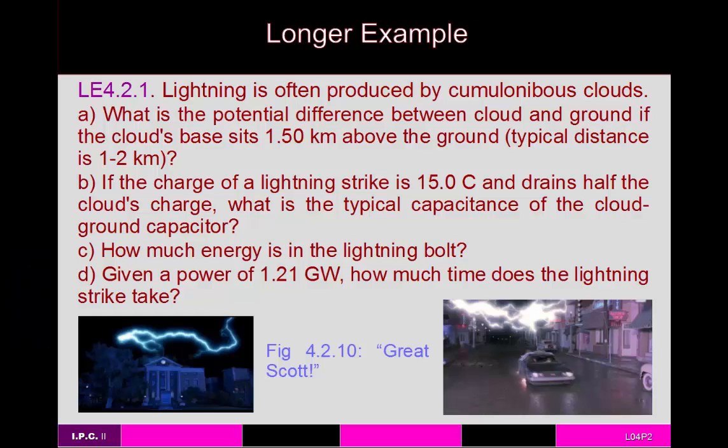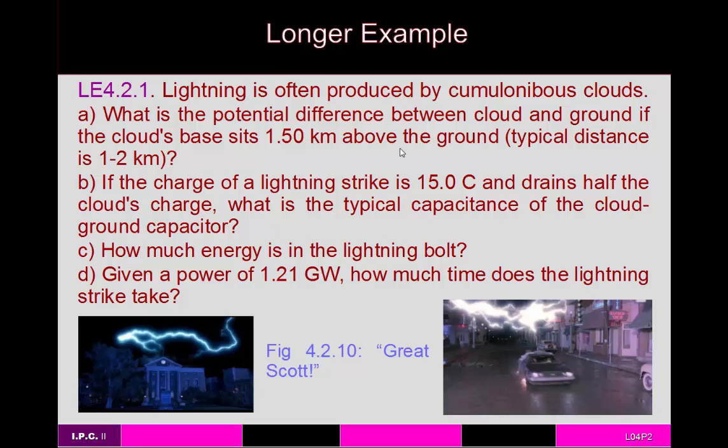I wanted to finish out today's lecture video by working through a longer example. This one sort of ties stuff together between the capacitor discussion and our discussion of dielectrics.